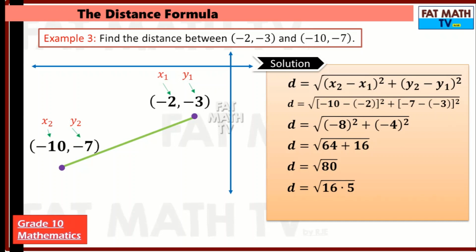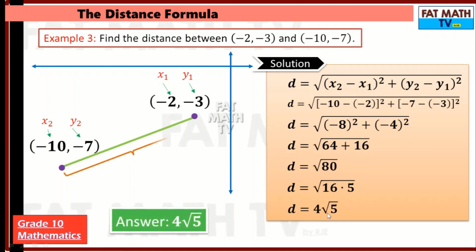So 80 is 16 times 5. And the square root of 16 is 4. So we can take the 4 out, because this is going to be square root of 16 times square root of 5. And square root of 16 is 4. So 4 square root of 5. So the distance between the two given points is 4 square root of 5.